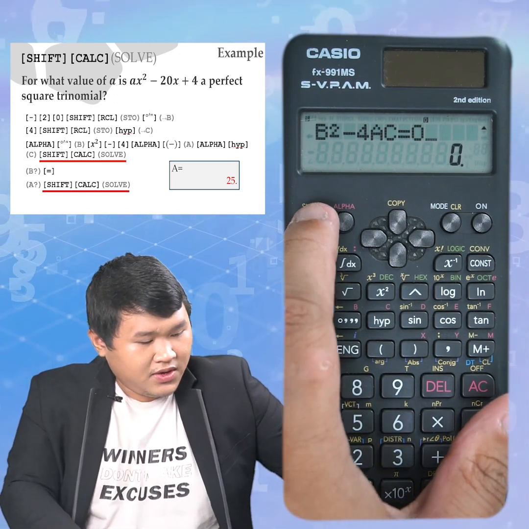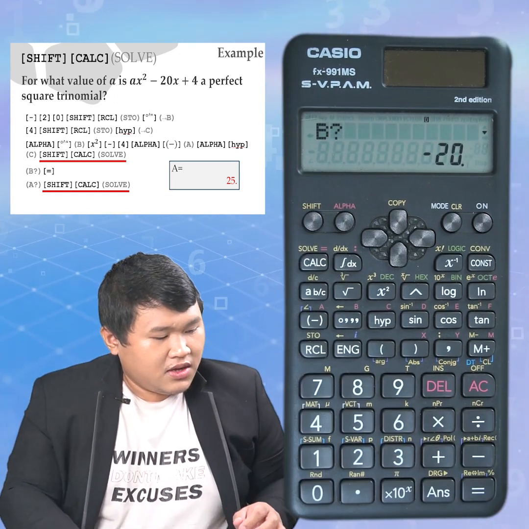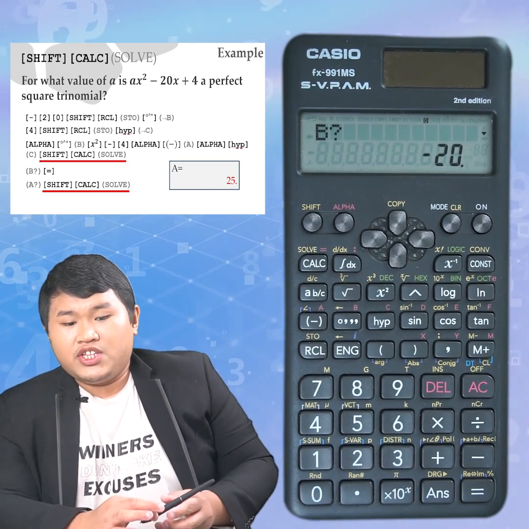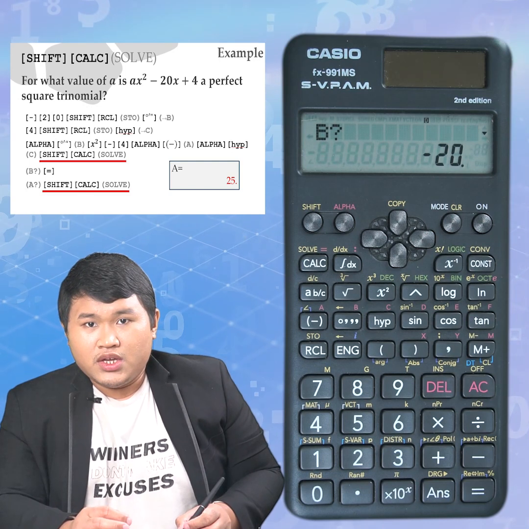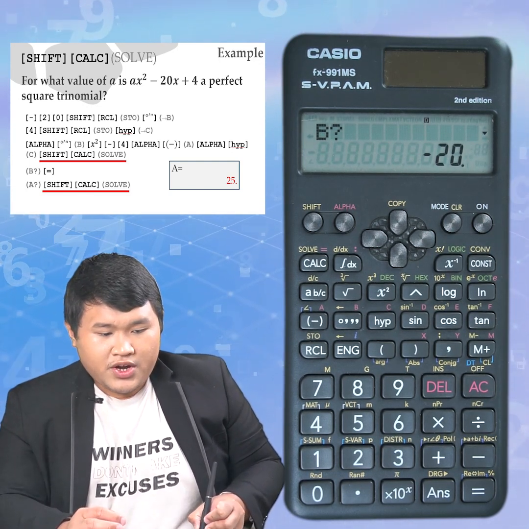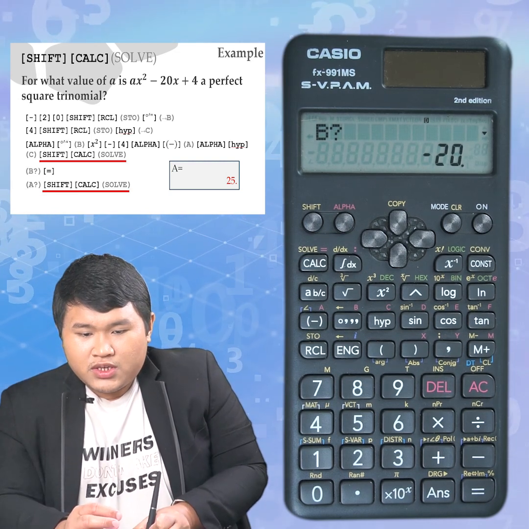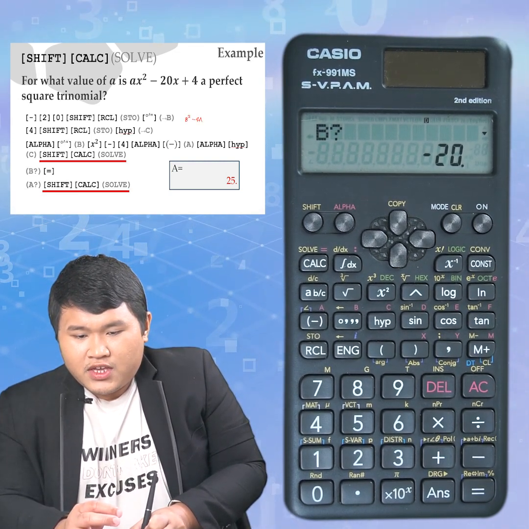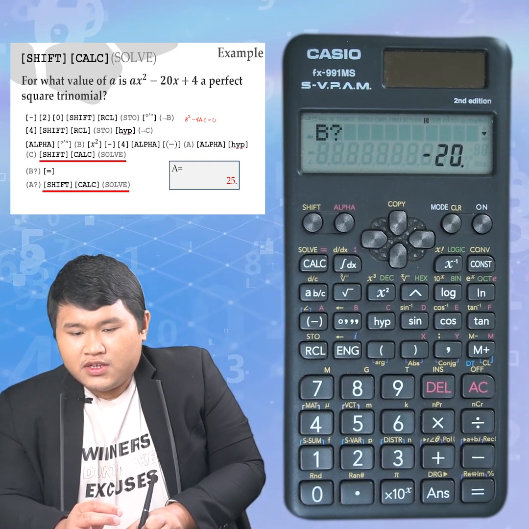So, shift calc. Now, the calculator will ask for the values of each variable in the equation in the order in which they occurred in the equation. In our case, the equation is b squared minus 4ac equals 0.